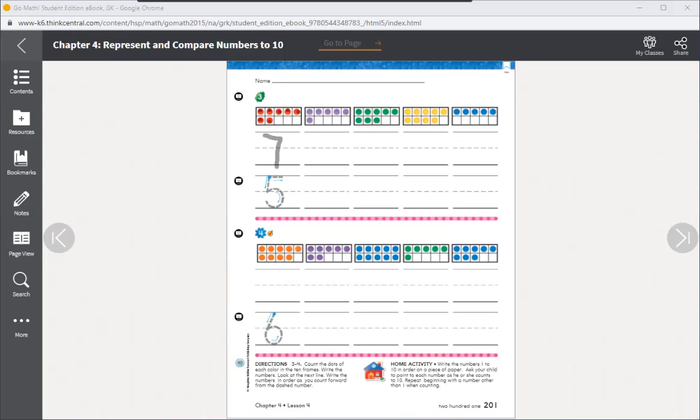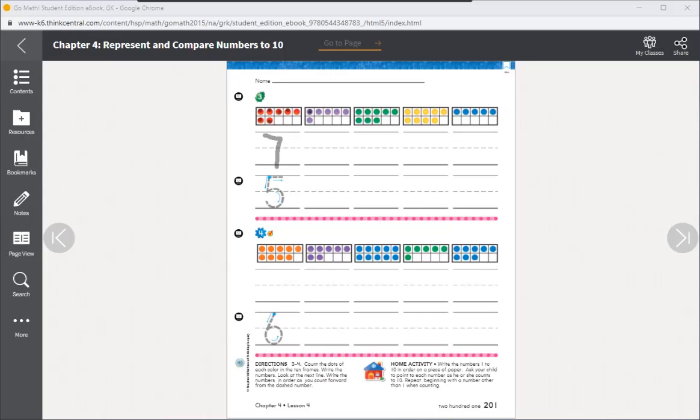Here we go. Let's count the purple ones. Ready? 1, 2, 3, 4, 5, 6, 7, 8. Oh, there's more? I don't see no more. Let's do it again. We're only counting the purple ones.